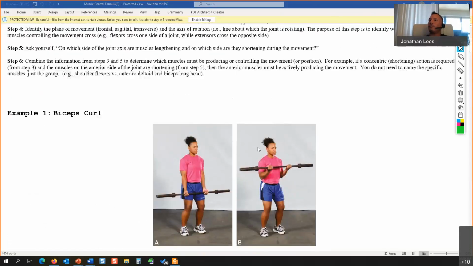Okay, so we have the biceps curl, right? Our very first step is to identify the joint action. Let me just close this out and open it up again.